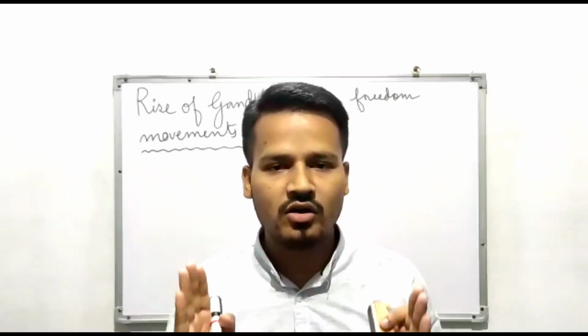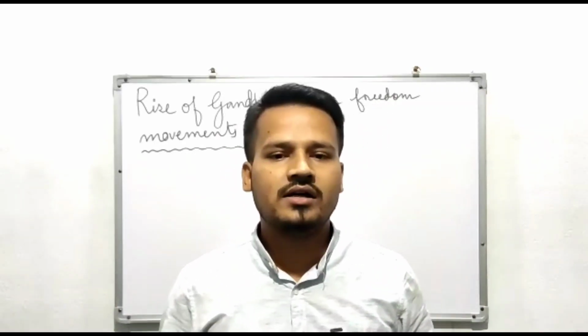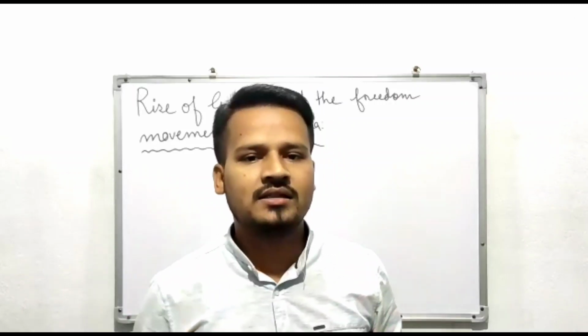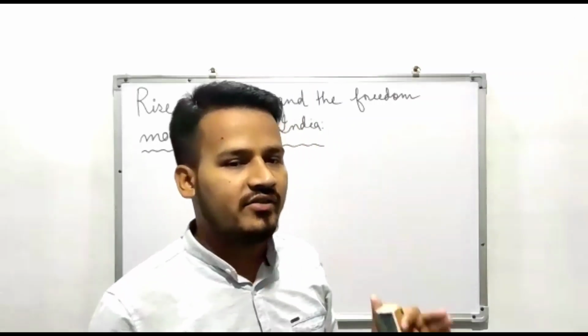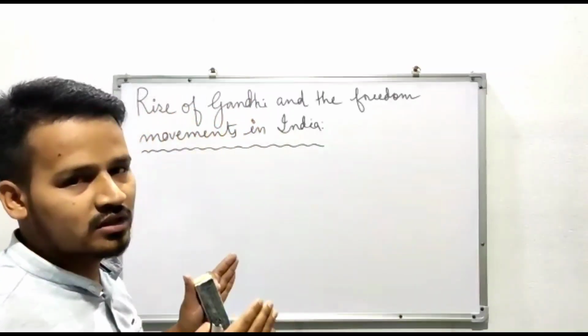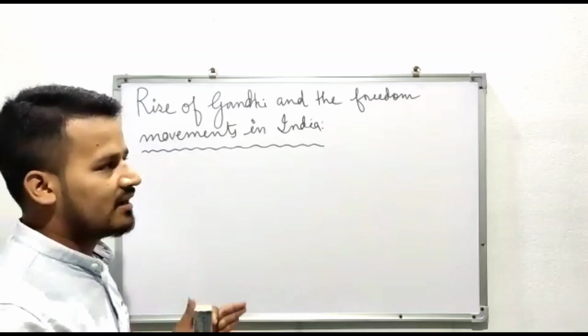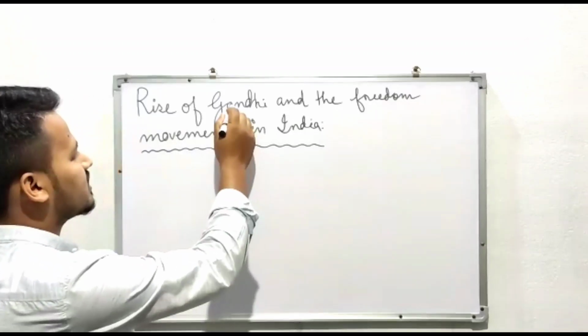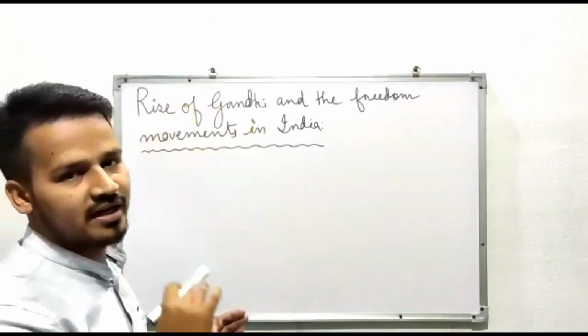The main theme of this chapter is to impart the main concept of the various national movements held in India under the leadership of Mohandas Karamchand Gandhi, that means Mahatma Gandhi.